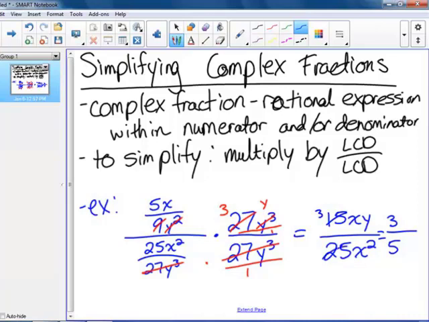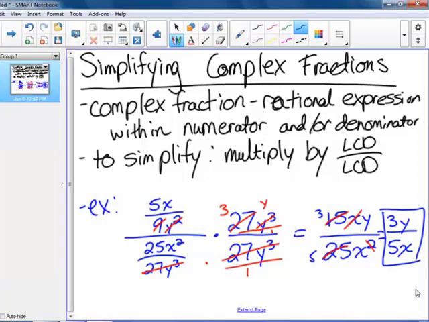The x on top will cancel with one of the x's on the bottom. So I'd be left with y on top and 1x on the bottom. That would be as simplified as I can go.